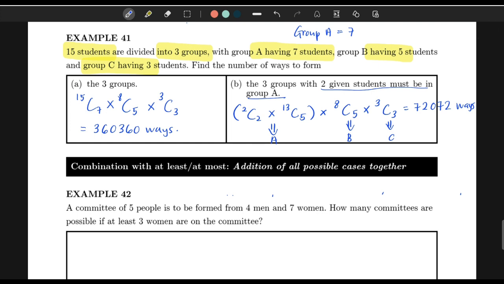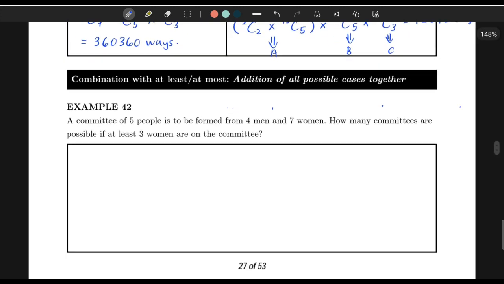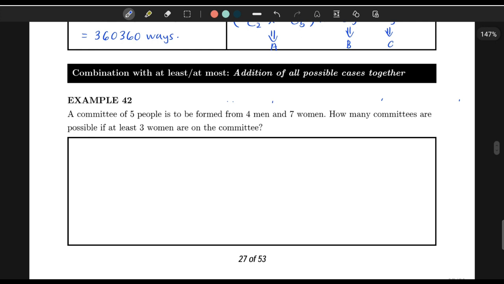Okay, class, we continue with combination with at least or at most. So we have to add the addition of all possible cases together. Example 43.